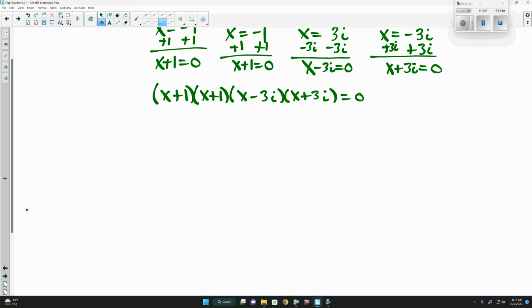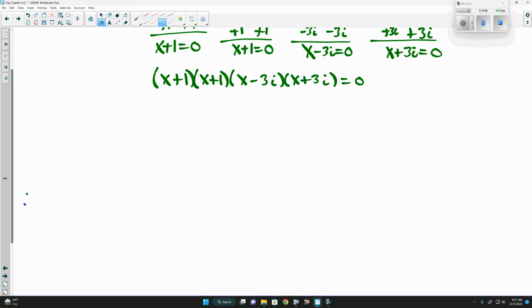Now there's many different ways we can multiply any four things together because order doesn't matter with multiplication, especially with polynomial factors. But the biggest thing I will say is multiply the complex conjugates or the conjugates together first. It's going to make it easier to work with. Now for us, that means that we'll be multiplying these two together first for sure.